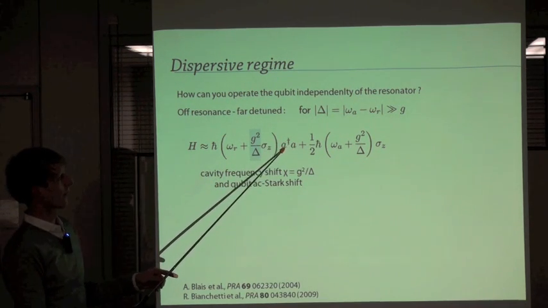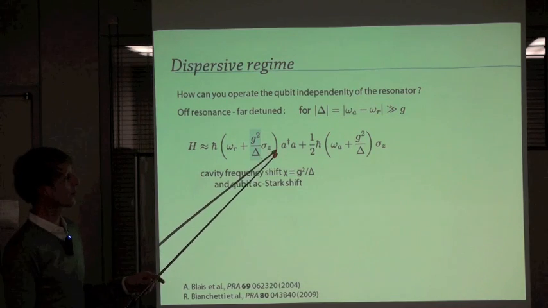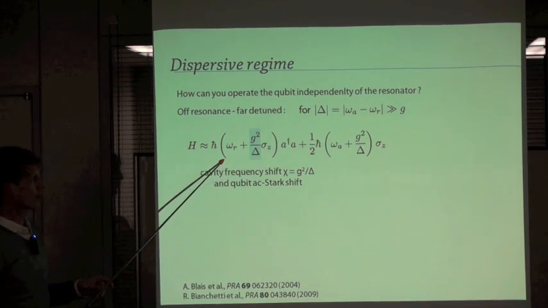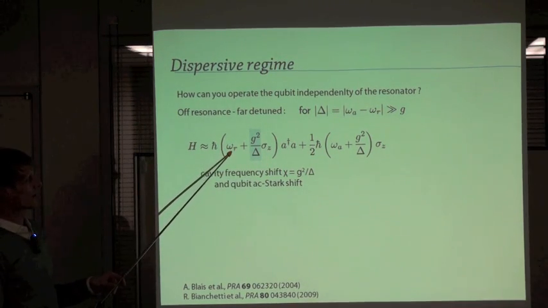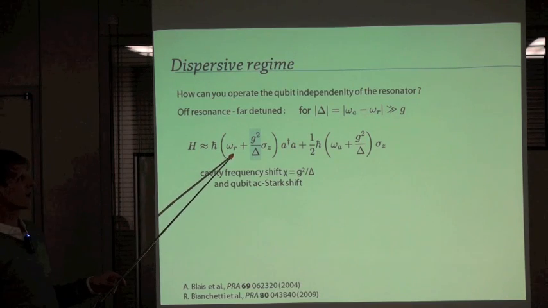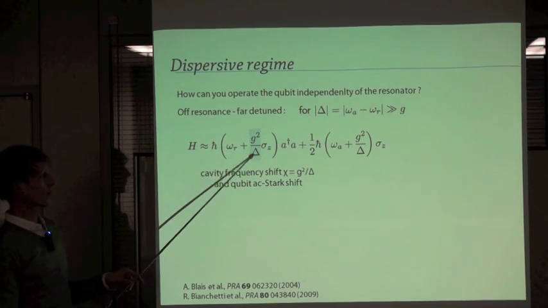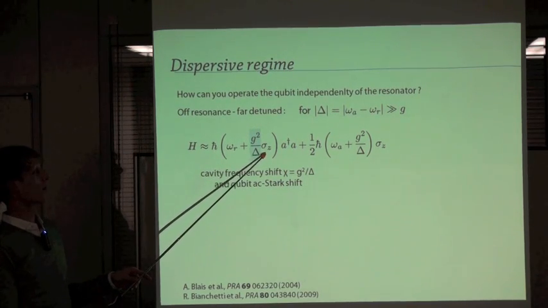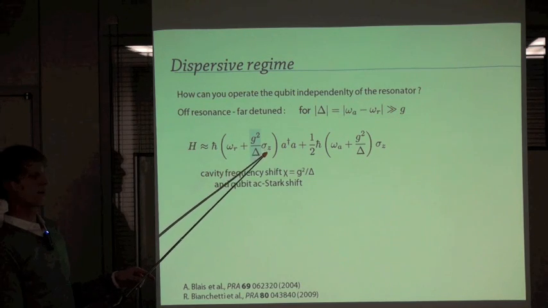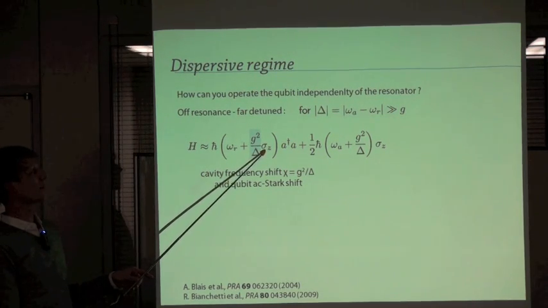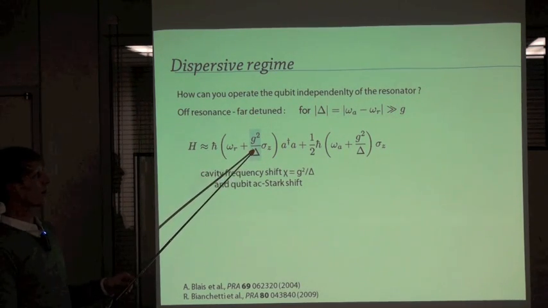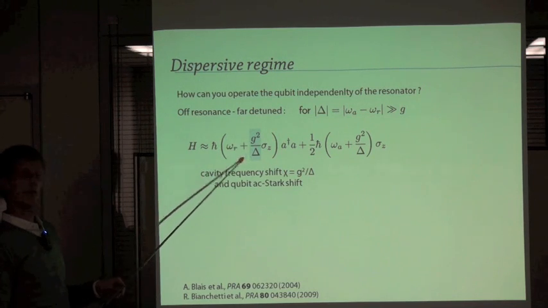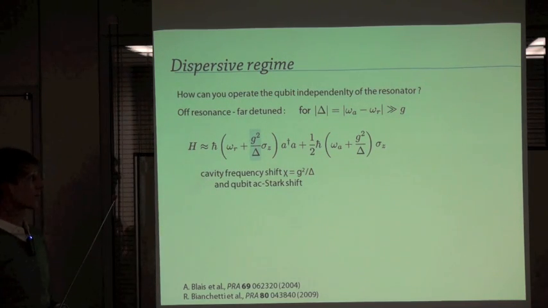So this is my photon number operator, and the frequency is this expression here in the brackets. So you see that it's the original frequency, omega r, plus g squared over delta times sigma z. So what happens is that depending on the state of the qubit, the frequency of the resonator will shift by this amount, g squared over delta.